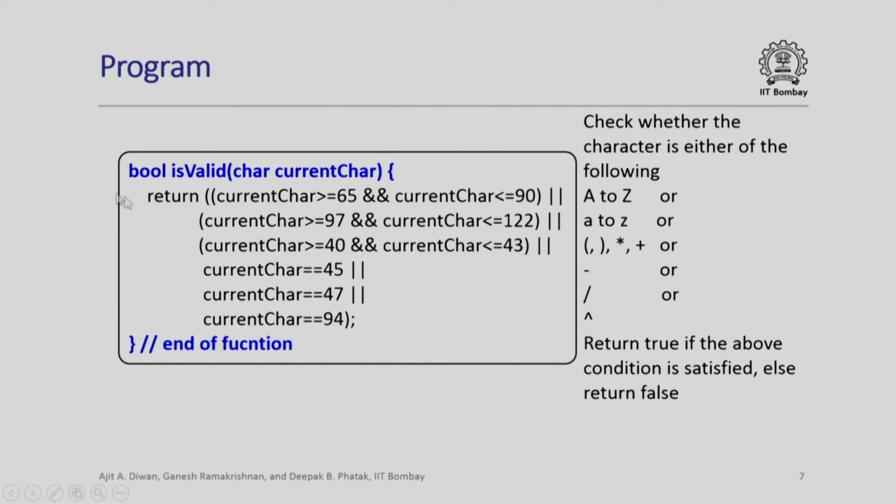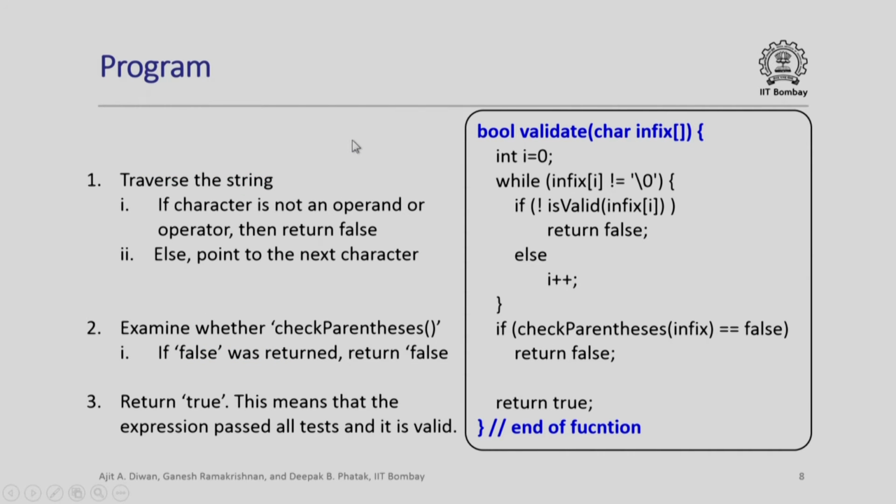In short, is valid will check every character in the expression and will confirm that it is either a valid operator or a valid operand. Once again, please note that we are presuming that our operands are variables with single character names, A to Z, a to z.